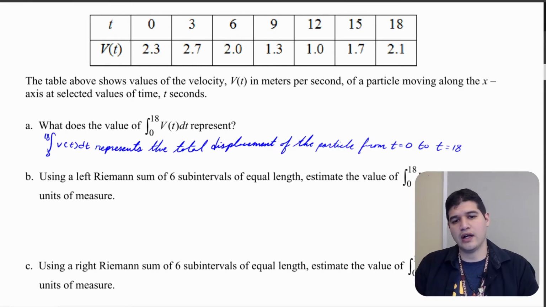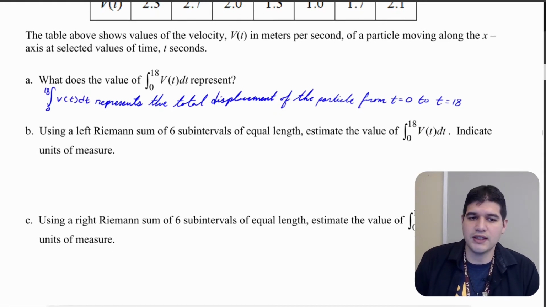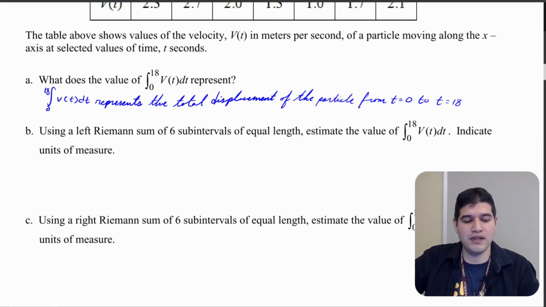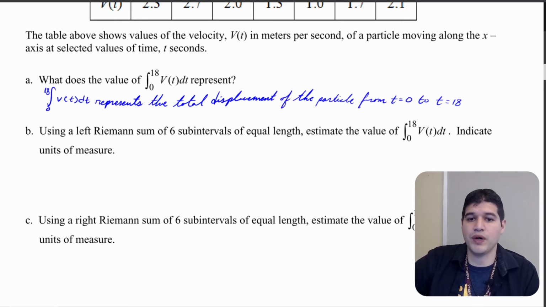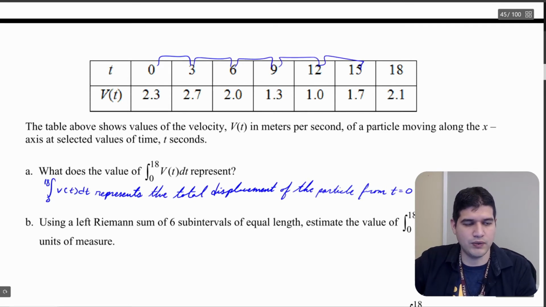All right, looking at our next question, using a left Riemann sum of 6 intervals of equal length, we want to estimate the value of the integral from 0 to 18. We also want to make sure that we include units of measure. One thing I notice immediately is that all of these intervals are going by 3, so I can factor that out when I do my work.